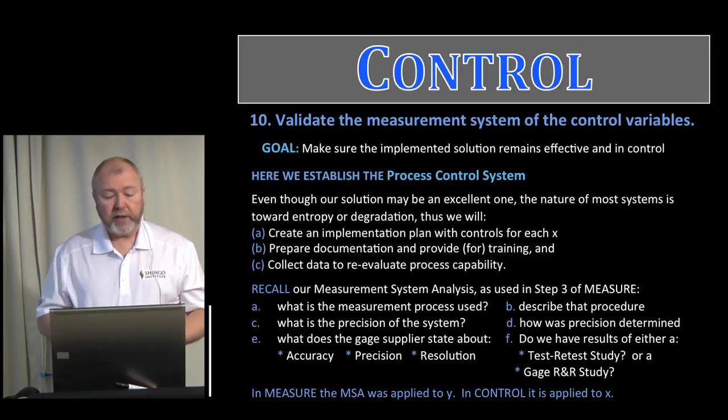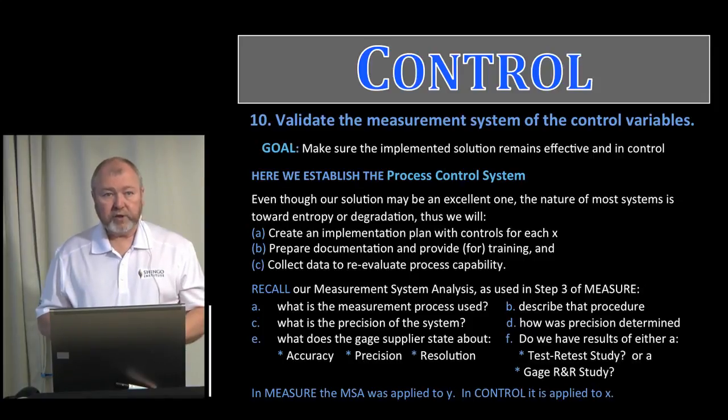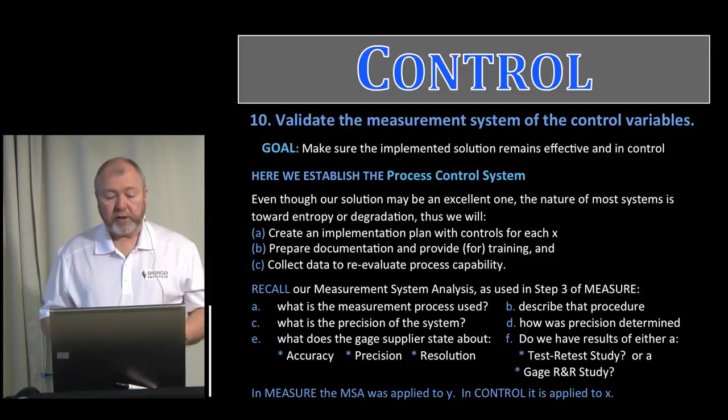So we create an implementation plan with controls for each X, each of those variables that are internally controllable that we want to exercise strict control over to make sure that they continue to influence the customer CTQ in the way intended. That's A. B is prepare documentation and provide training as necessary.